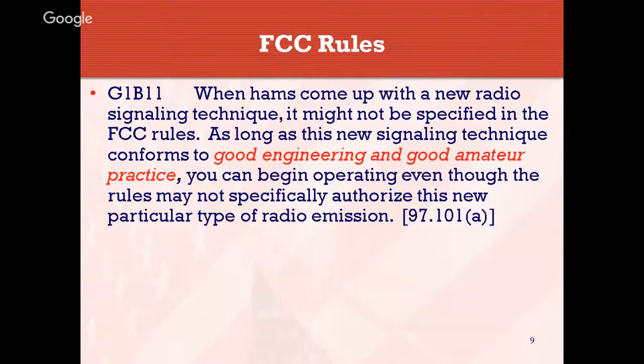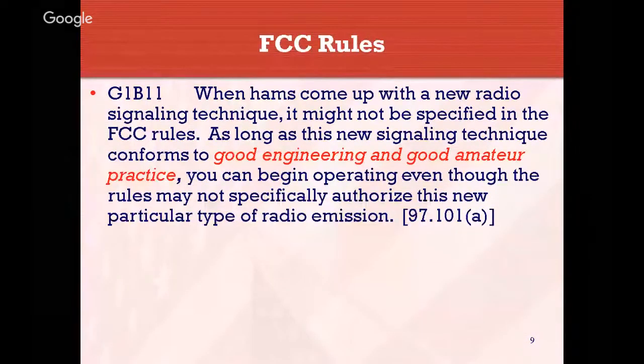All right. When hams come up with a new radio signaling technique, it might not be specified in the FCC rules, as long as this new signaling technique conforms to good engineering and good amateur practice. You can begin operating even though the rules may not specifically authorize this new particular type of radio emission. So, we have those digital transmissions these days, JT8, and a few others that have kind of been up and coming.